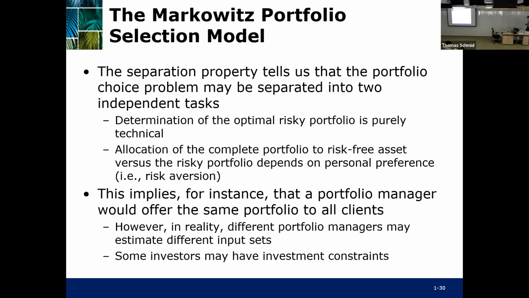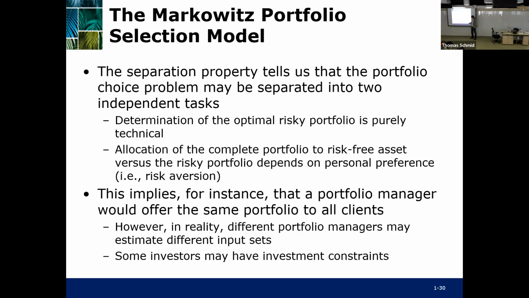So the practical implication of that would be that investment managers would offer the same portfolios to all clients, as I said before. They simply adjust the fraction that the client should optimally invest in this risky portfolio and in Treasury bills or a savings account or whatever.